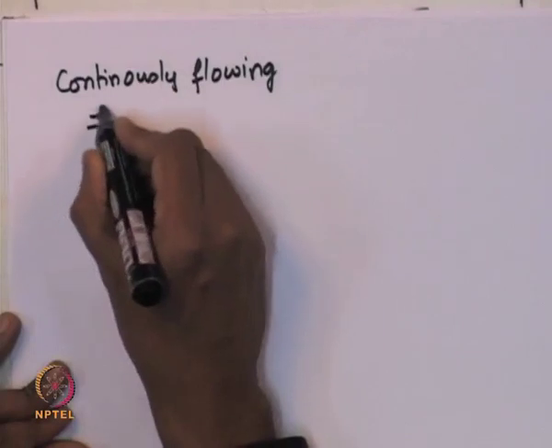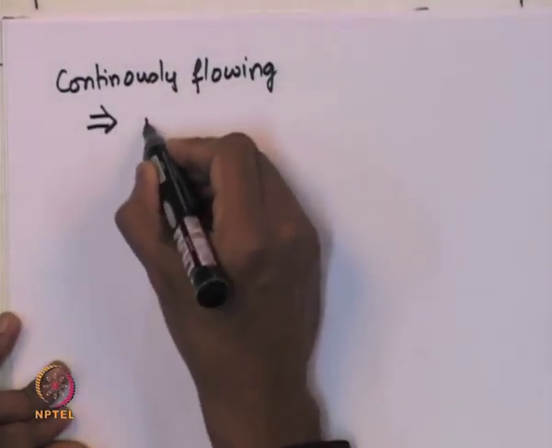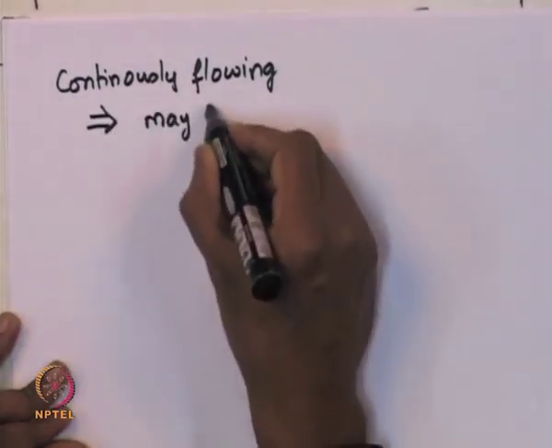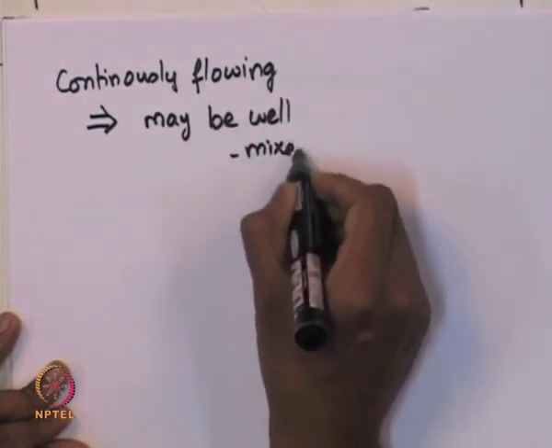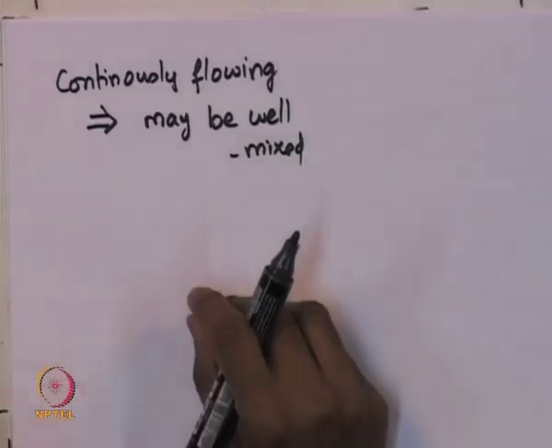And in fact, perhaps it can also be assumed that it is well mixed, that is, the concentration of the species in the liquid phase is almost uniform inside the reactor.